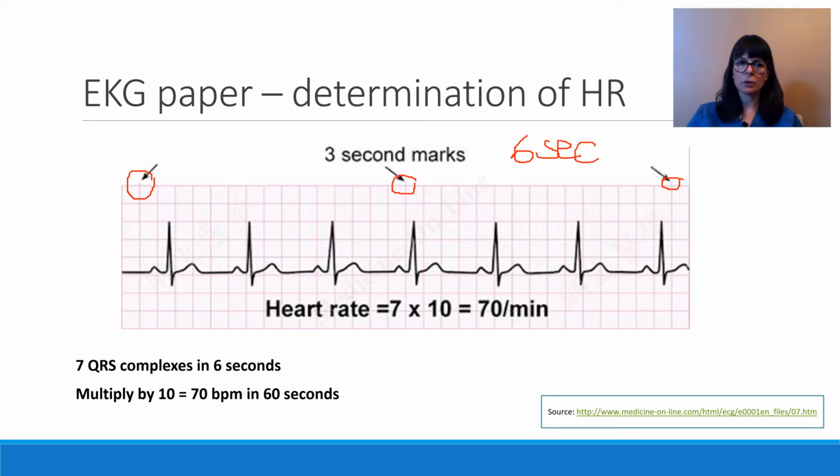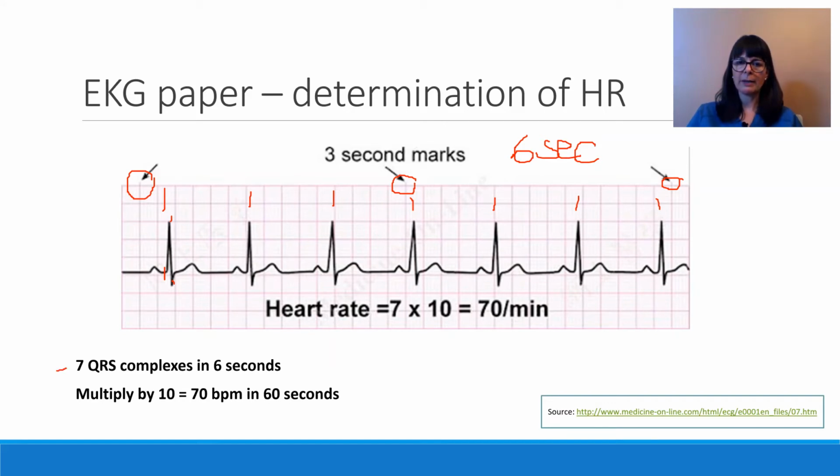Now on a 6-second strip, we have to measure the QRS wave, and we basically just look at the R wave of the QRS complex. So we count those: 1, 2, 3, 4, 5, 6, 7. So we have 7 QRS complexes in 6 seconds.